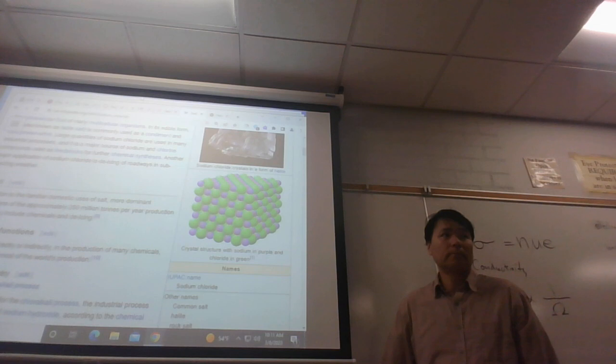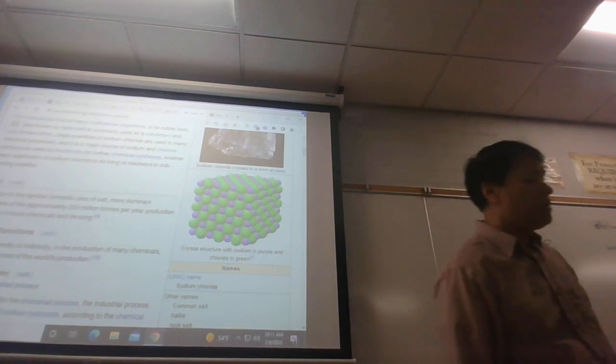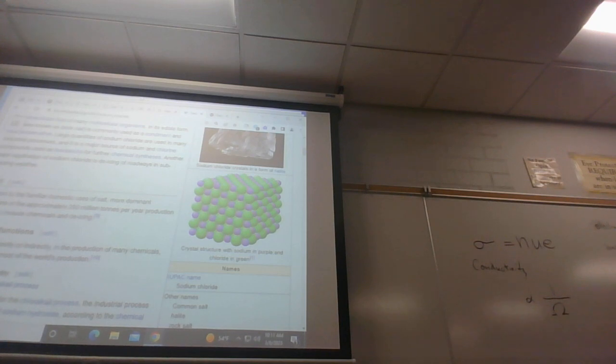In your conductivity equation on the board, was the mu representative of solubility? No. What would that represent again? Mu represents mobility. N is representative of solubility. N is going to be big for soluble species, small for insoluble species.